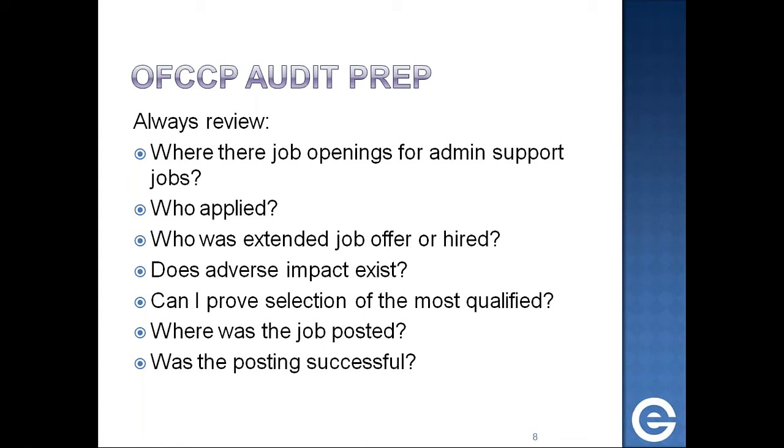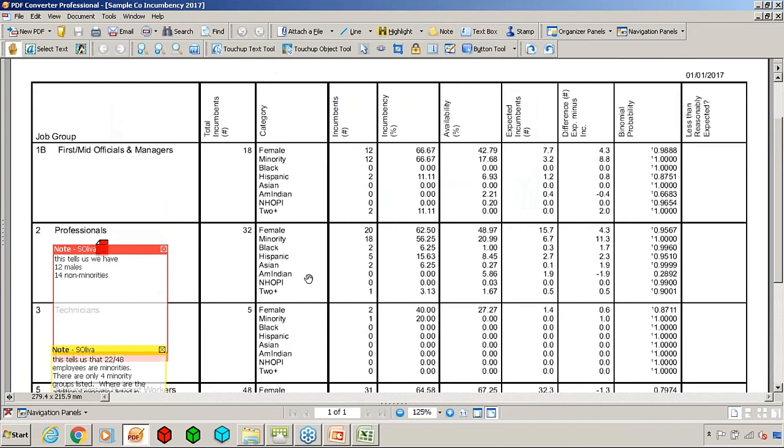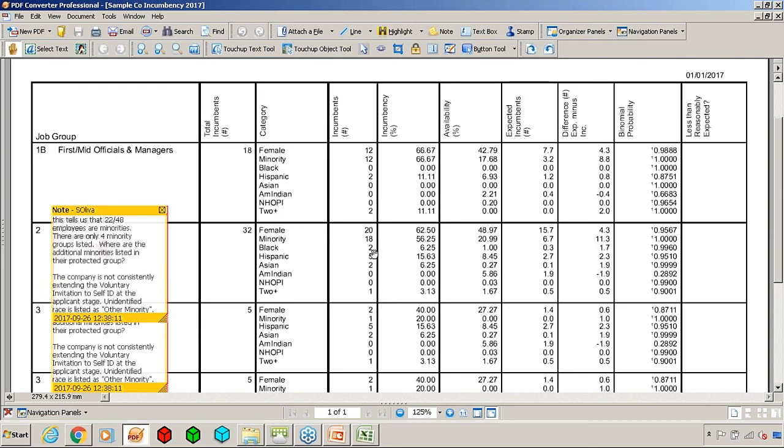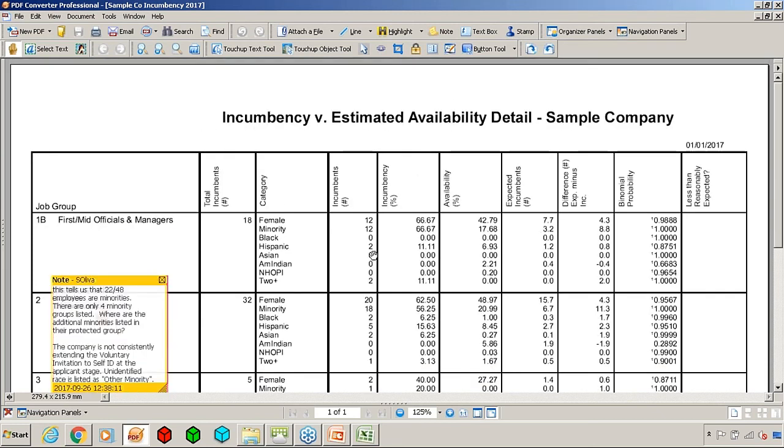So the first thing we're going to do is take a look at some documents. When I talked about incumbency, the OFCCP looks at all three of these reports. This is a sample company incumbency report. This tells the OFCCP who is in your headcount. For 1B, first/mid officials and managers, this company has 18 individuals, 12 are female, making up 66% of the job group.